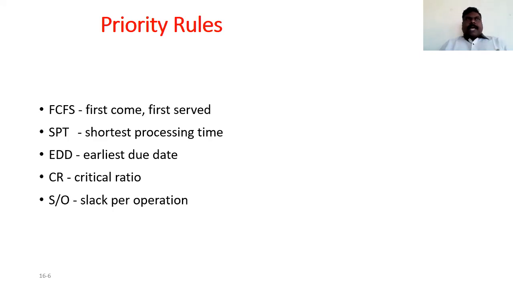Slack per operation. Slack means the idle time. In this operation, we need to have so much idle time. Example, if we take up any work regarding automobiles, in automobile servicing we are doing, there we could find some electrical problem: no power, some gap in the power, indicators are not coming, the light is coming.